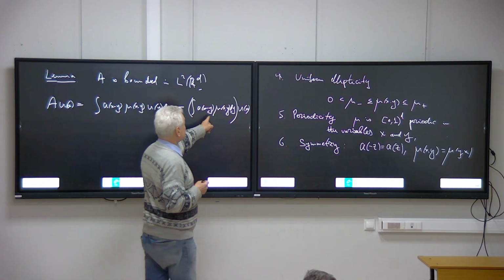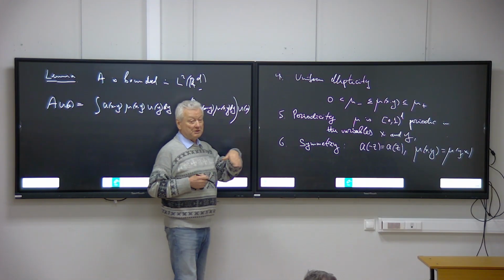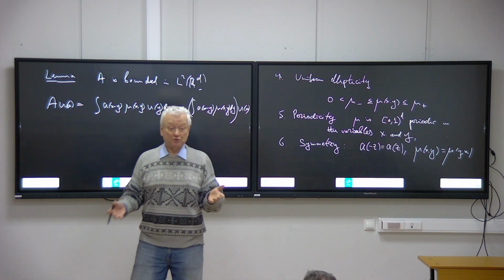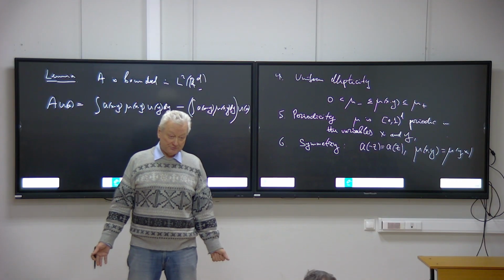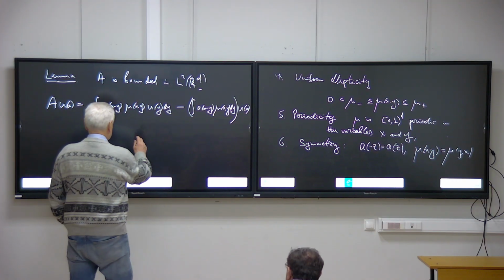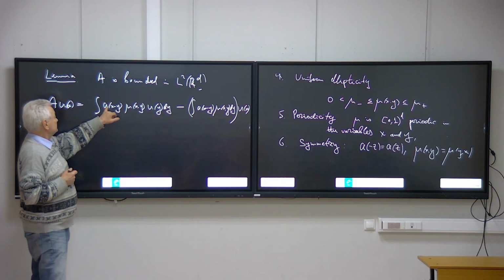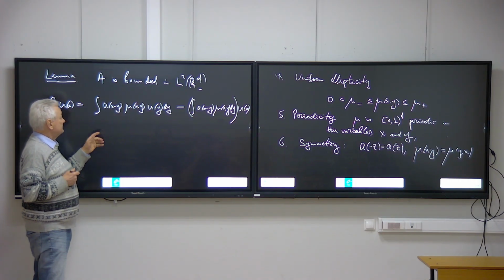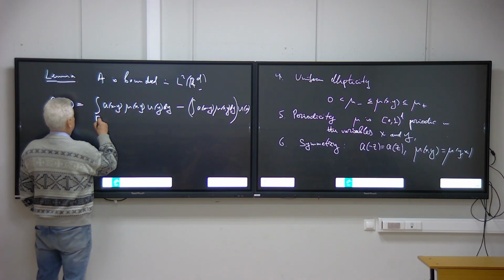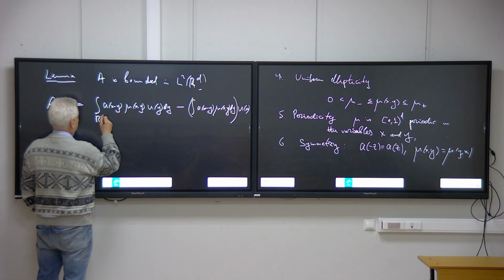So the second operator is multiplication of u by some bounded positive function. Of course, this operator is bounded in L2. What about this one? If a is, maybe I should write that it's an integral over R^d.